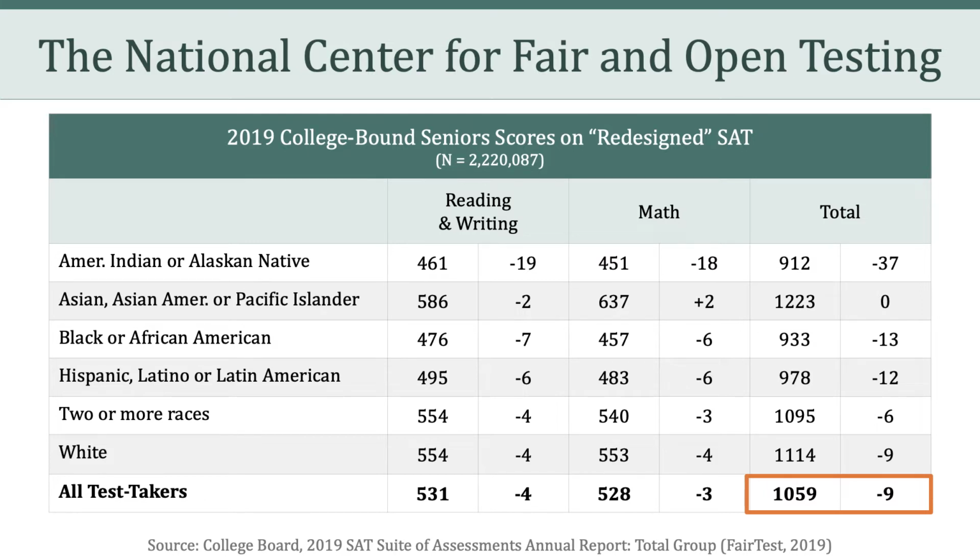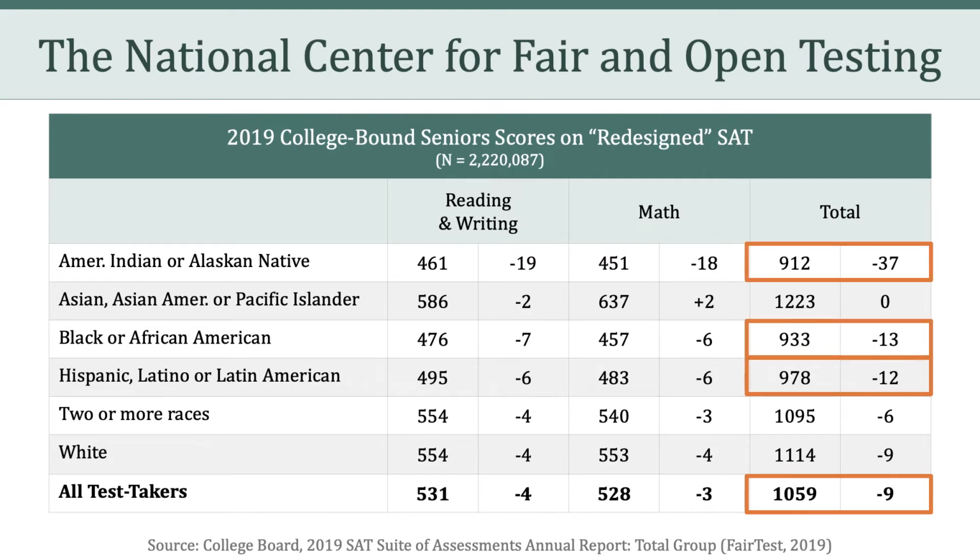Now, importantly, the National Center for Fair and Open Testing argues that the SAT score gaps between demographic groups grew even larger for the high school class of 2019. More specifically, they argue that compared to 2018, students from historically disenfranchised groups fell further behind their classmates from more privileged families.